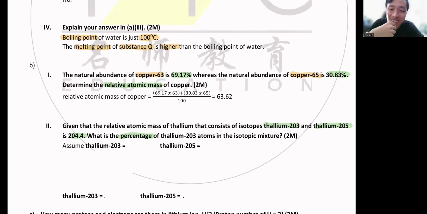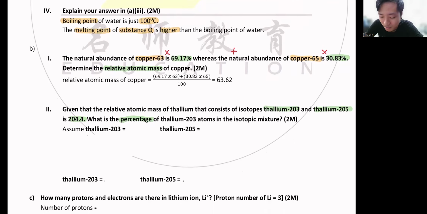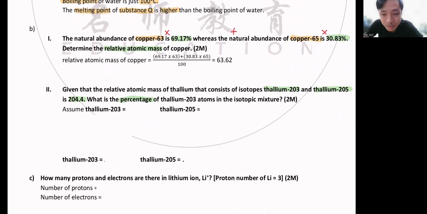Oh, no, times, correct. 63 times 69.17 plus 65 times 30.83, divided by 100. Do you get it? Then the second one, divide by 100 also, not 10, sorry, 100.